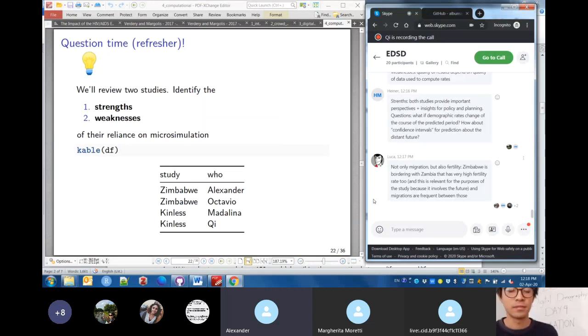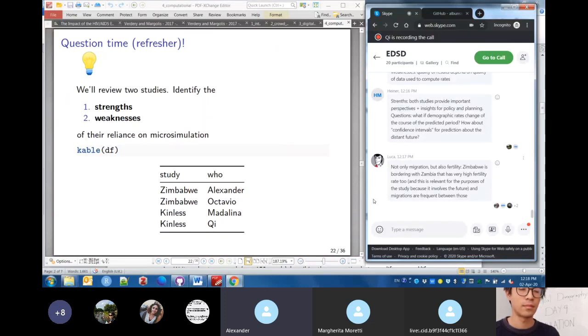The total fertility in Zimbabwe is decreasing, and it started some time ago. So we had to use some projected demographic rates, which may give some kind of uncertainty. And I think that migration also affects demographic rates and consequently may have some effect on kinship, so it should be taken into account.